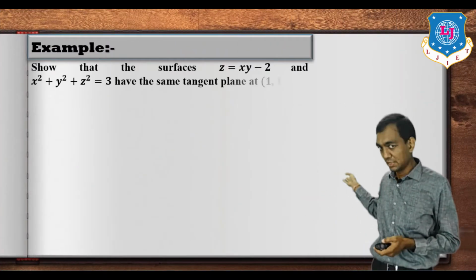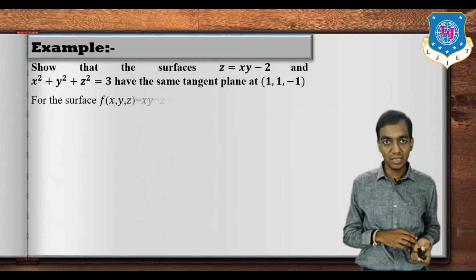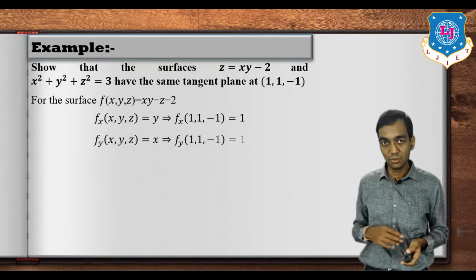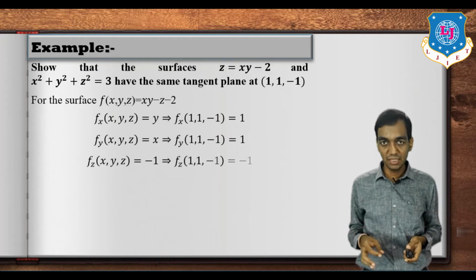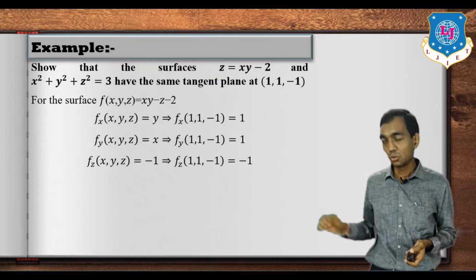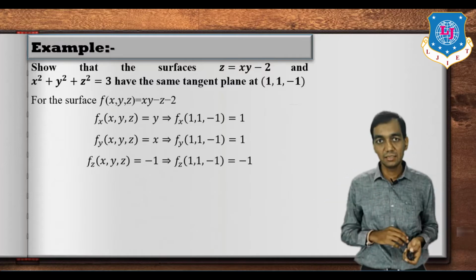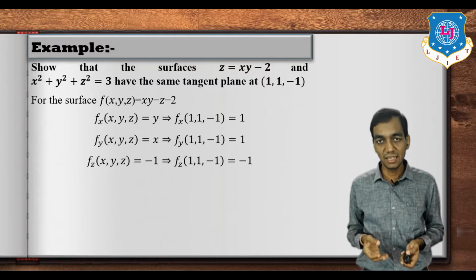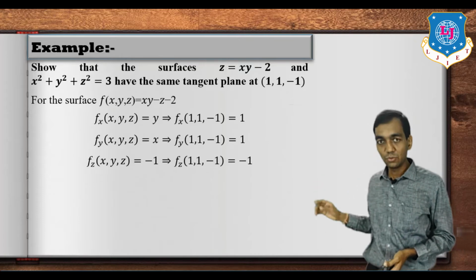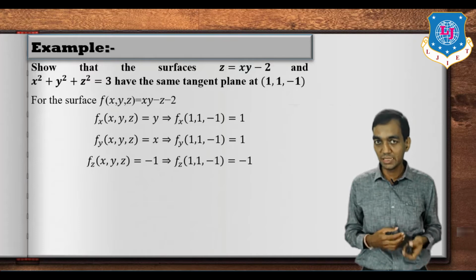Show that the surfaces z = xy - 2 and x² + y² + z² = 3 have the same tangent plane at the point (1, 1, -1). So f(x, y, z) is xy - z - 2, and that will give fx, the derivative with respect to x, is y.